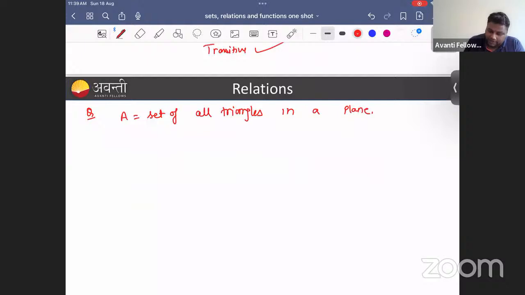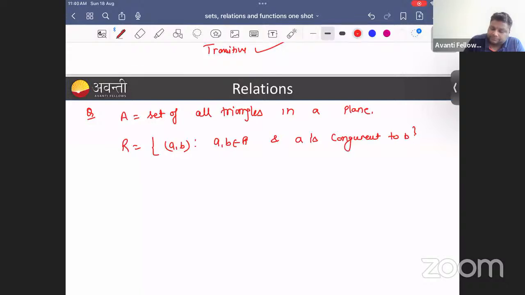A relation R defined on A is such that (a, b) belongs to R if a is congruent to b. That means this relation is the collection of those ordered pairs where both the elements, first and second, are two triangles which are congruent to each other.